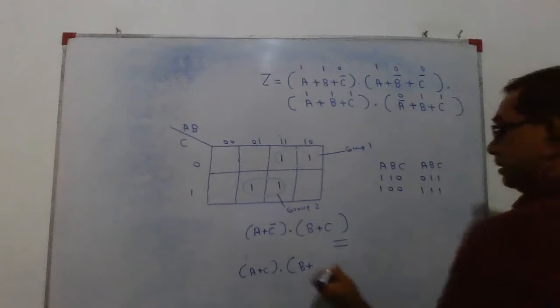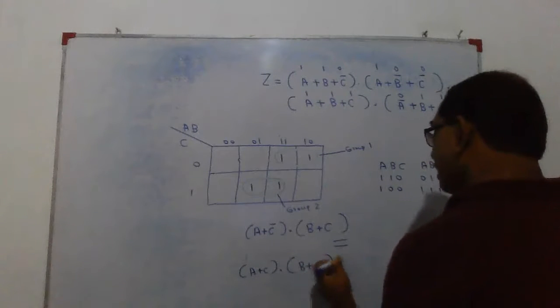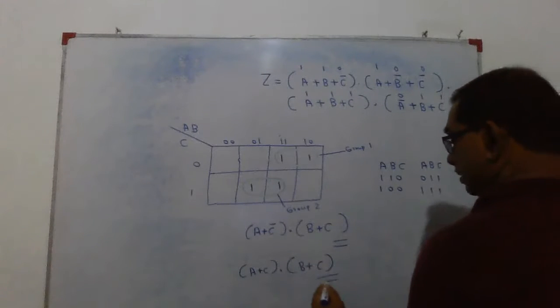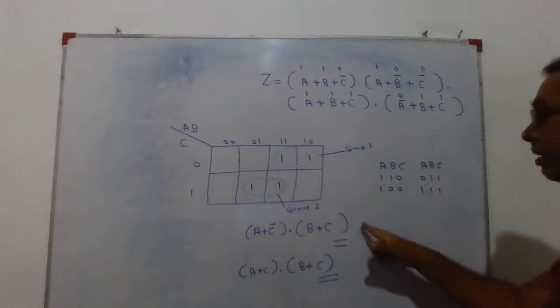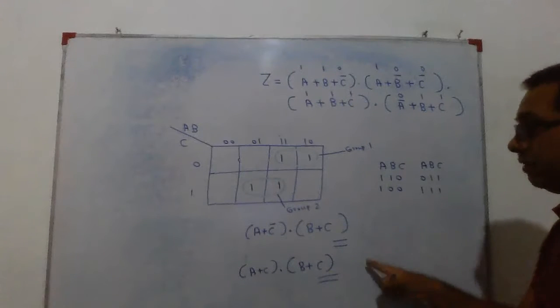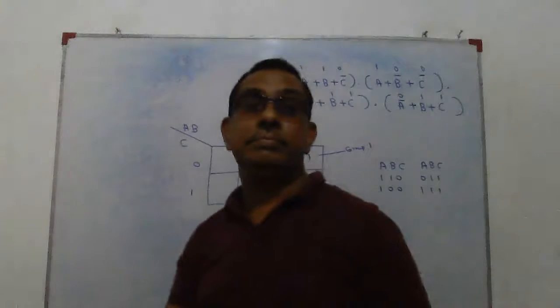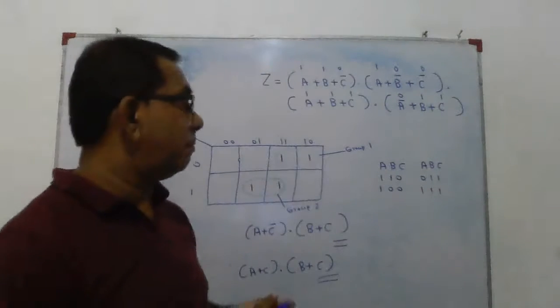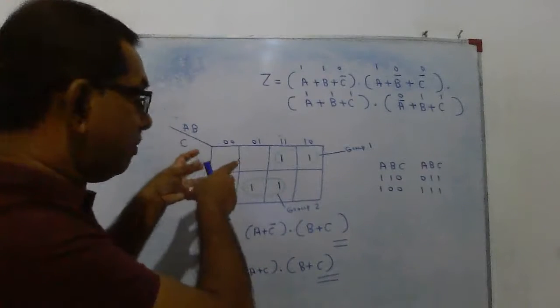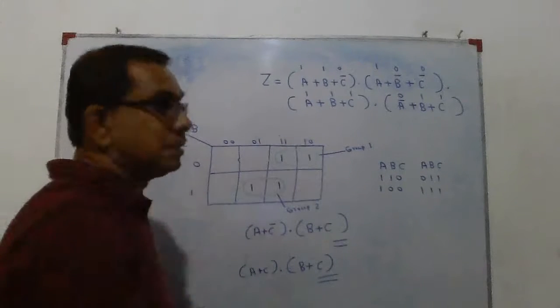Then C. C is possible. Right. Then I see the correct answer. So I verified it. I can use one of two methods here. This is the way of simplifying a POS statement. Now you have an idea about solving such problems.